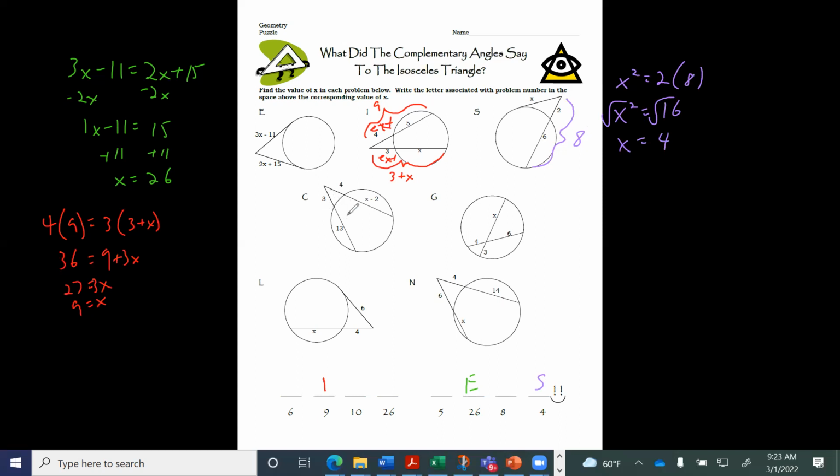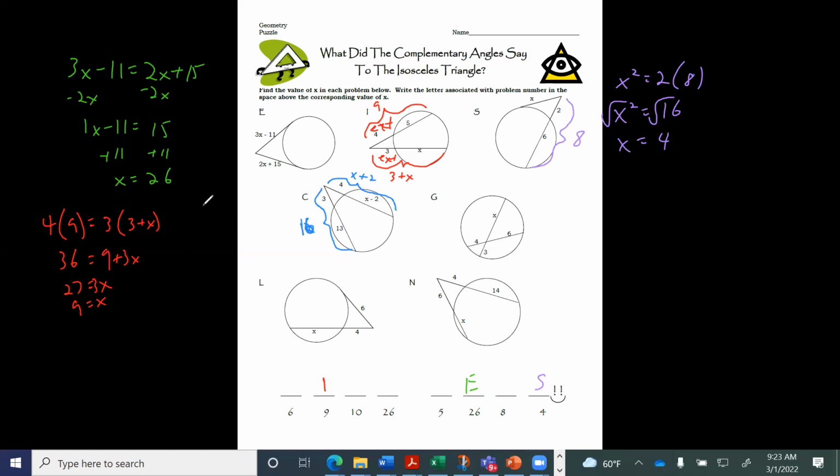And then we had for C, exterior and the whole on this one. Add 4 to x minus 2, that's x plus 2. 3 is the exterior and the whole is 16. Almost multiplied instead of adding. All right, so I have 16 for the whole.